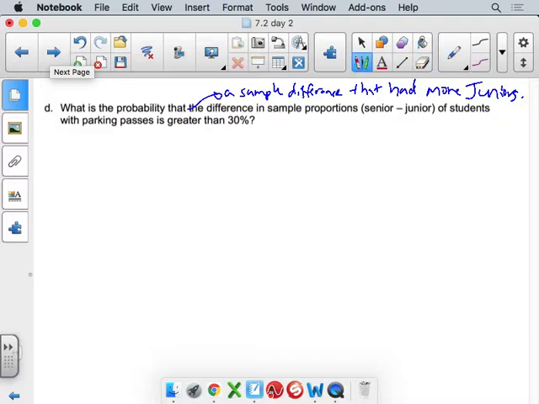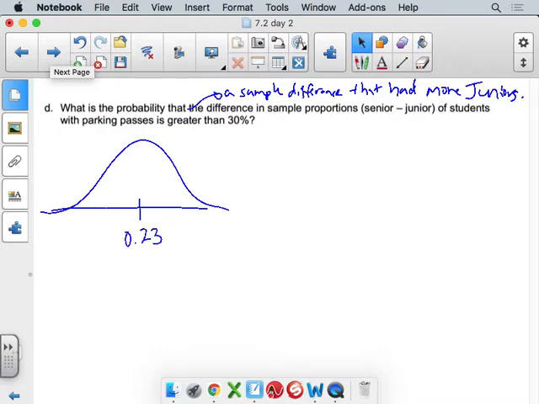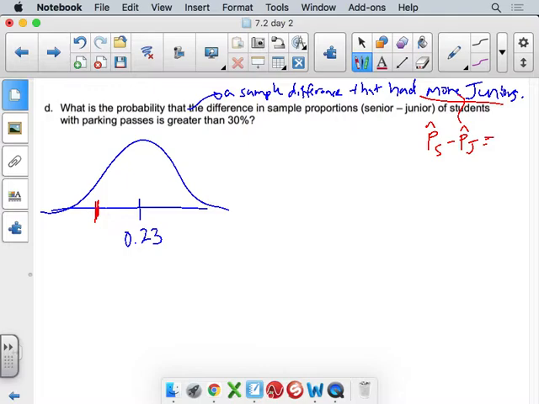So we've still got a normal distribution centered around a mean of 23%. But in this case, if we're saying that there are more juniors, that means when you do p hat seniors minus p hat juniors, this number is a negative number.